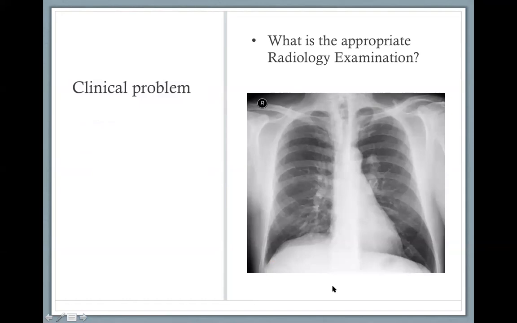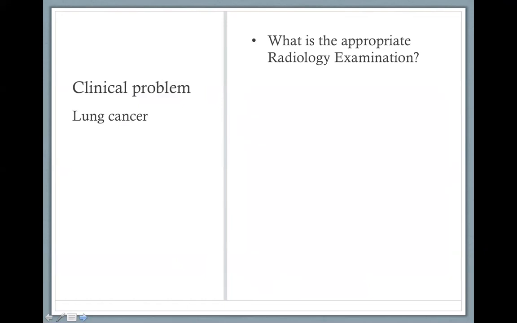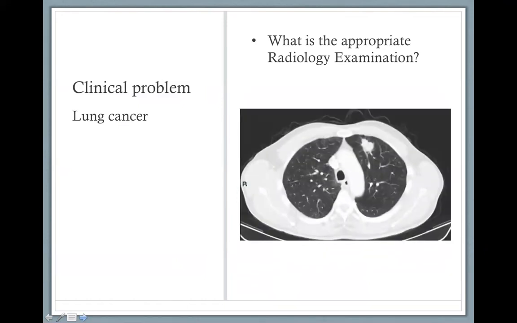This is a patient who is a smoker and he presented with cough and weight loss. And the chest X-ray shows the abnormality. There is actually a nodule in the left upper lobe here, not easily detected. But in lung cancer, invariably, whether I'm suspecting it or whether I can see the lesion, you would always end up with a CT.